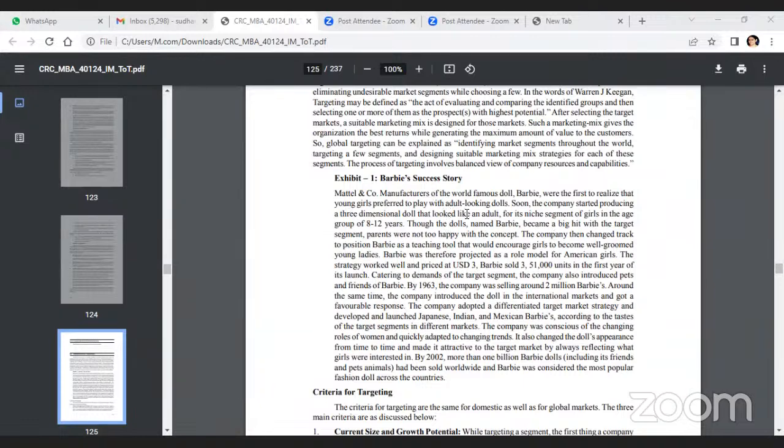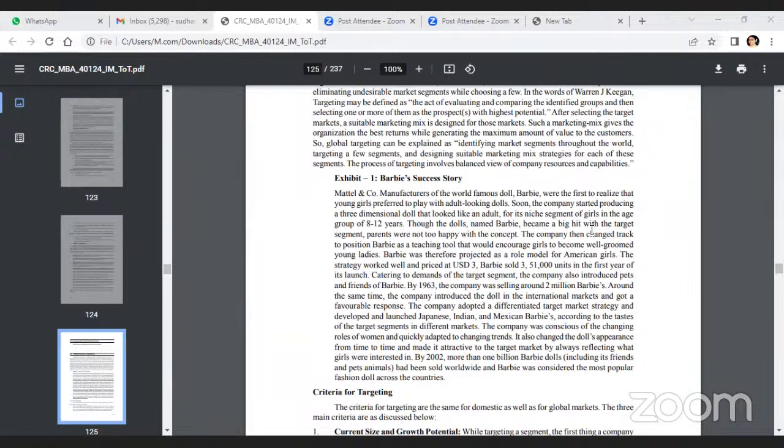Young girls prefer to play with adult-looking dolls. Then companies started producing 3-dimension dolls, one looking like adults, as a niche market for 8 to 12 year old girls. They named it Barbie.